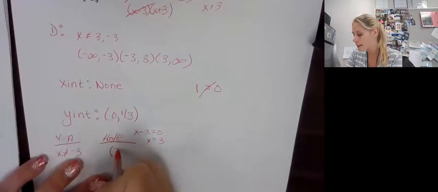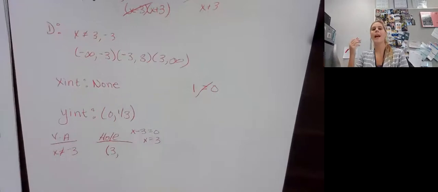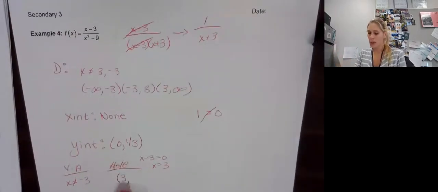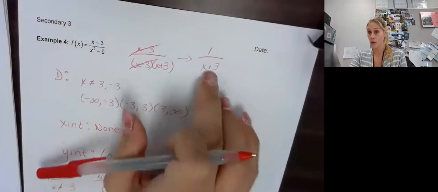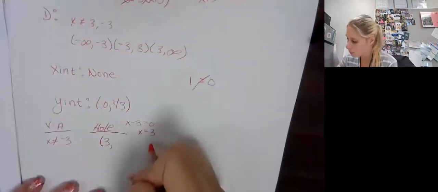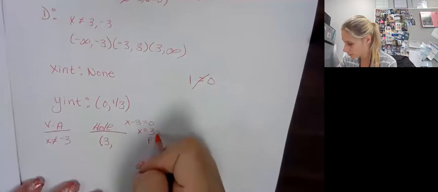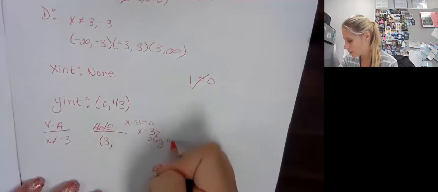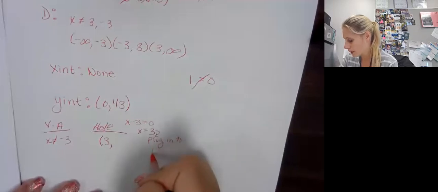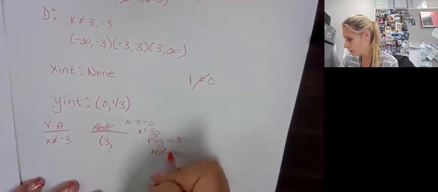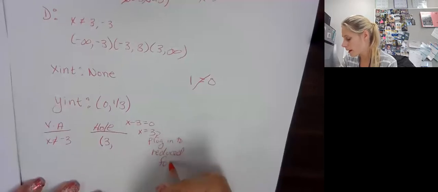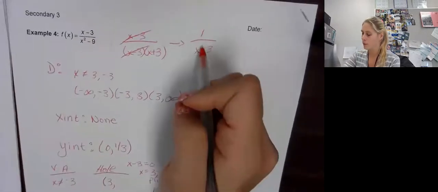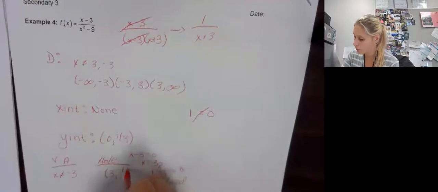Now a hole is a coordinate pair. So what I have to do is plug 3 into the reduced form. When I plug 3 into the reduced form up here, I get 1/6.